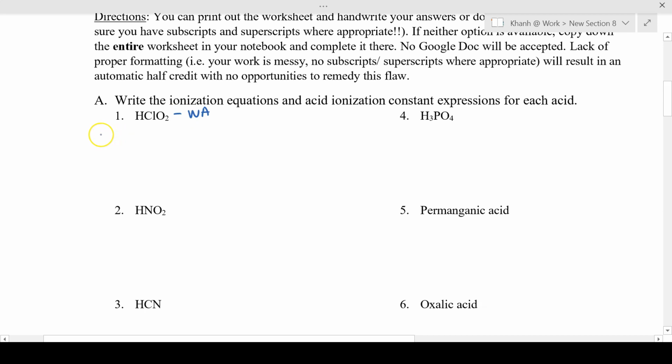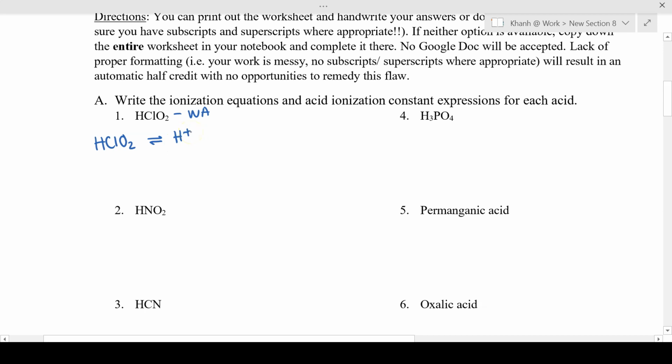Now let's start writing our ionization equation. Step number 2 is to write down the acid as the reactant. Now this acid will dissociate partially because it's a weak acid, and we're going to show that by writing the equilibrium or the two-way arrow. This will dissociate partially into 2 products, and the first one is always H+.